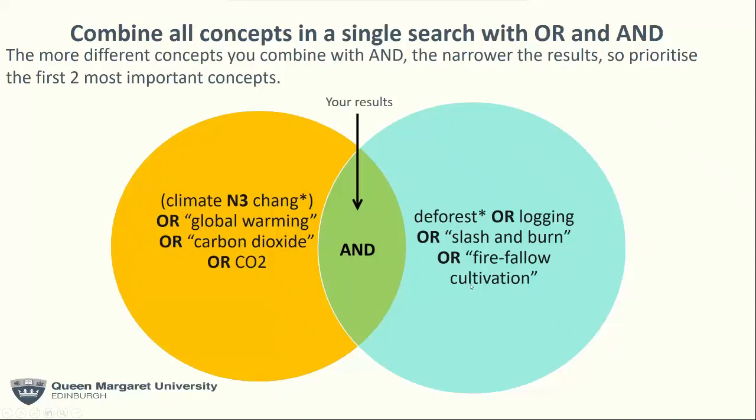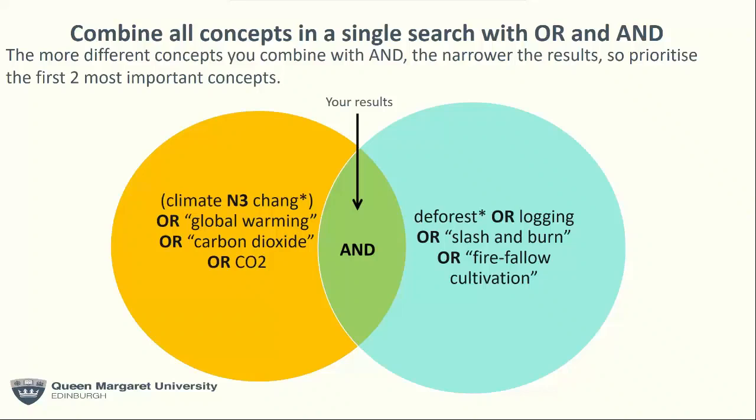The use of AND narrows down the search results to make them more relevant, as it is obvious from this picture. When you have more than 2 different concepts, you need to think about prioritizing the 2 most important ones. In our case, I hope you agree that climate change and deforestation are the most important ones.